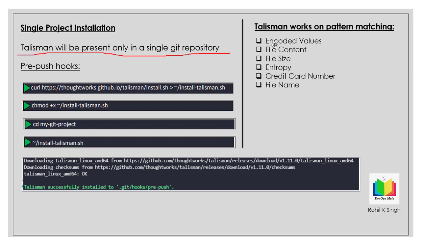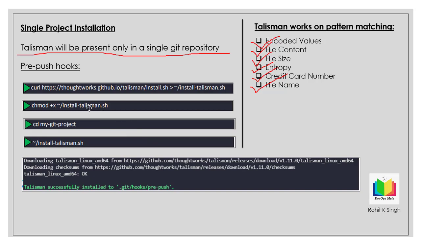Talisman basically works on pattern matching. It will look for encoded values like base64 and all. It looks at file content to see if there's any sensitive file. It'll look at file size, entropy, credit card numbers and file names. This is how Talisman goes and starts looking into things.